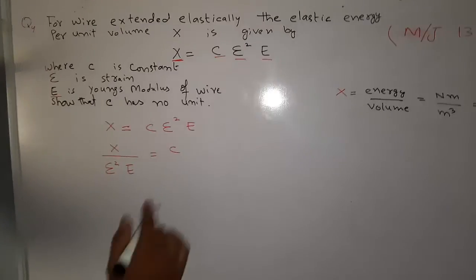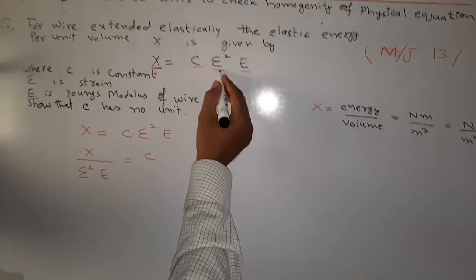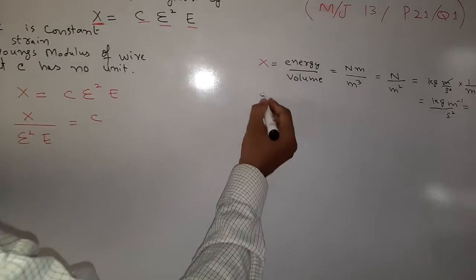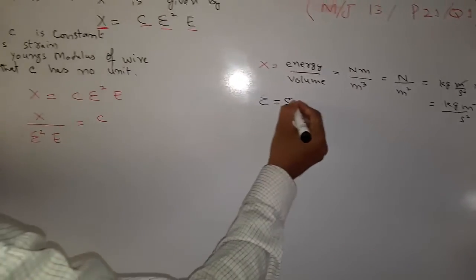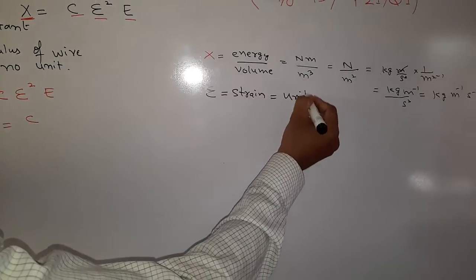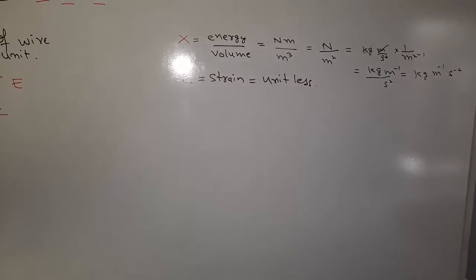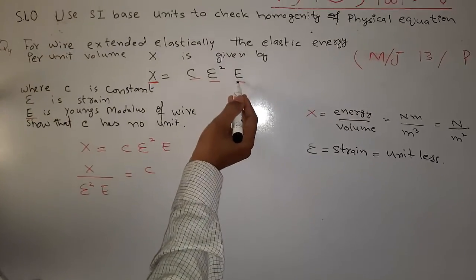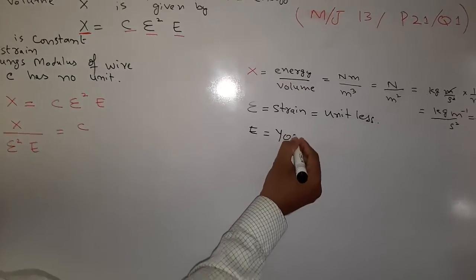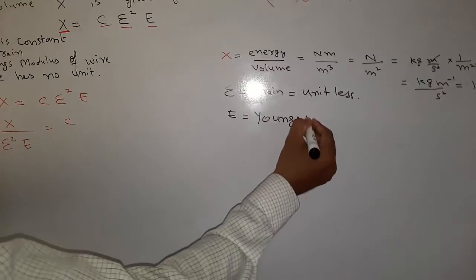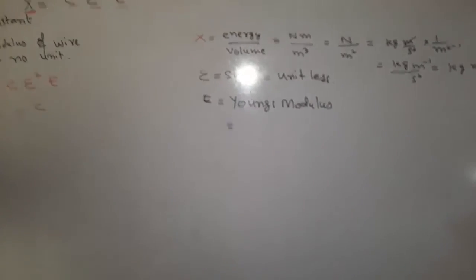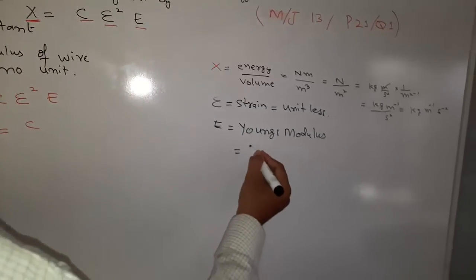Now come to this epsilon. Epsilon is strain. Strain is unitless, as we have already discussed. And capital E is the elastic modulus, or Young's modulus, that is basically the ratio of stress over strain.